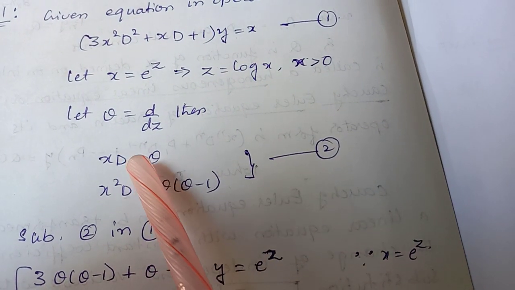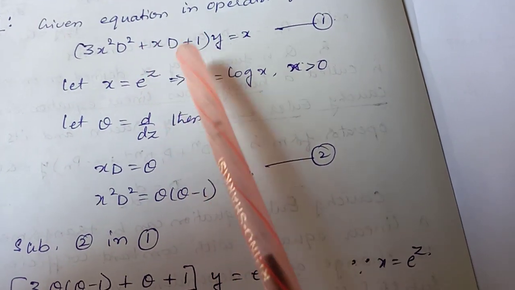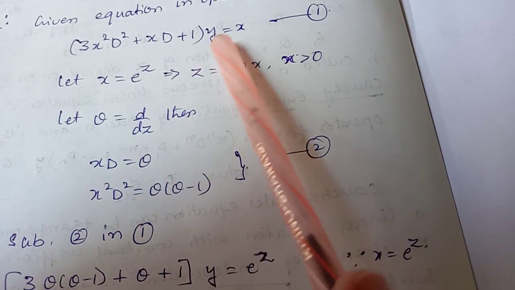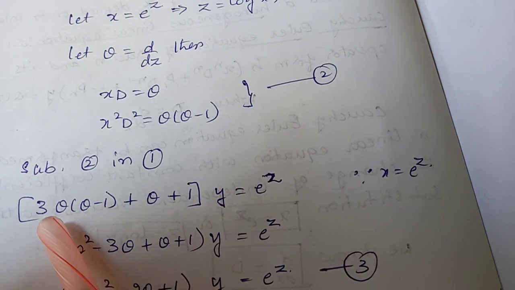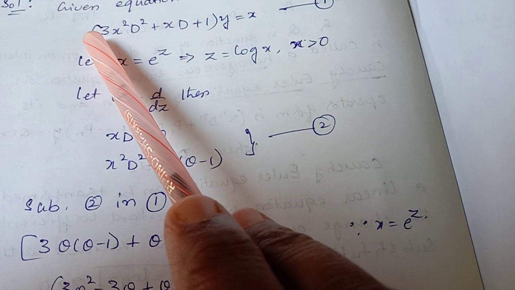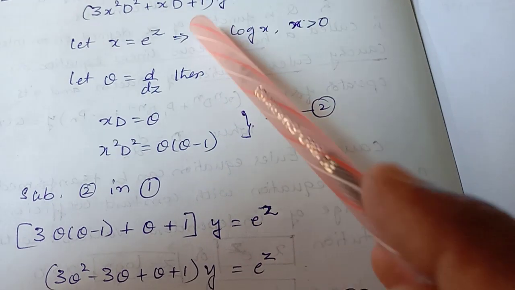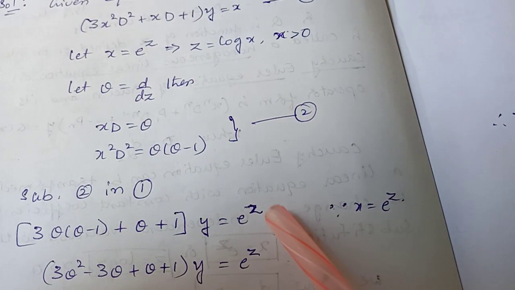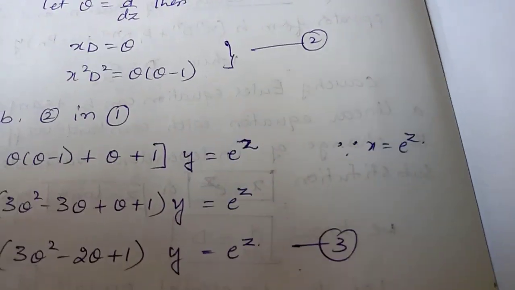Now we substitute the xD value and the x^2 D^2 value in this equation, and we substitute x as e^z. By substituting, we get (3 theta(theta-1) + theta + 1) y = x = e^z.